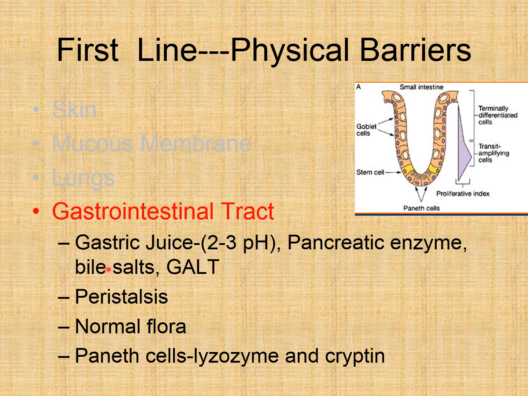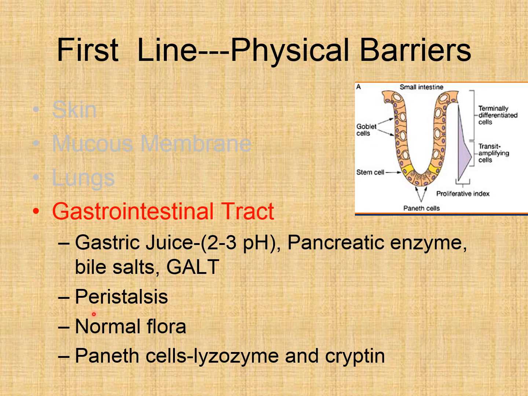Moreover, the acidic pH of the gastric juices, the presence of pancreatic enzymes, bile salts, and gut-associated lymphoid tissue keep the microbial population in check and prevent the colonization of most pathogenic bacteria and other pathogens.